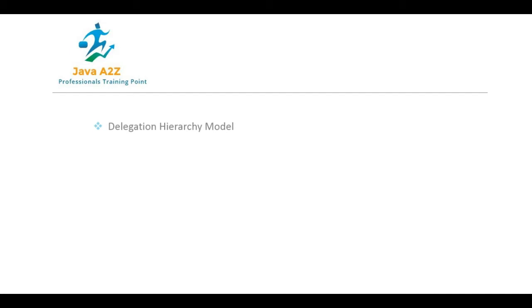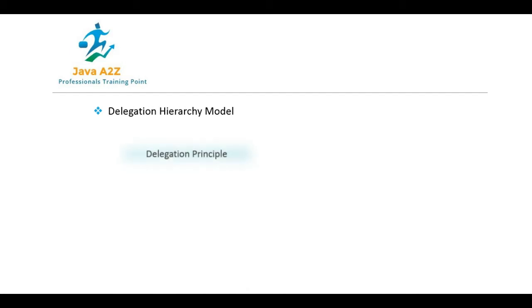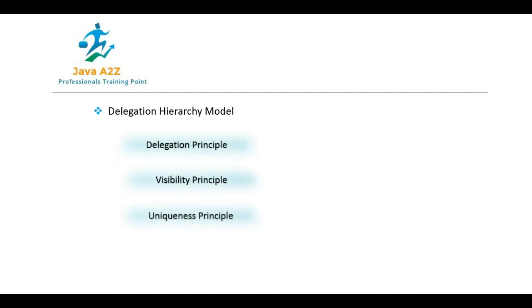Let's come and understand another thing. Delegation hierarchy model. So what is this delegation hierarchy model? Actually, this is an algorithm which is used by the class loaders. Class loaders use this algorithm, and this algorithm has three principles: delegation principle, visibility principle, and uniqueness principle.